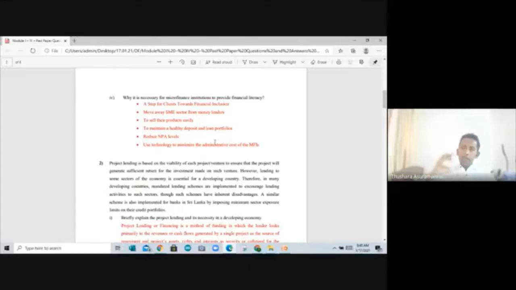They now know that when they are into NPL, how difficult it can be to get the kind of facilities, so they work to reduce the NPA levels. That's also very important. Then the fourth one: use technology to minimize admin cost for microfinancing institutions.